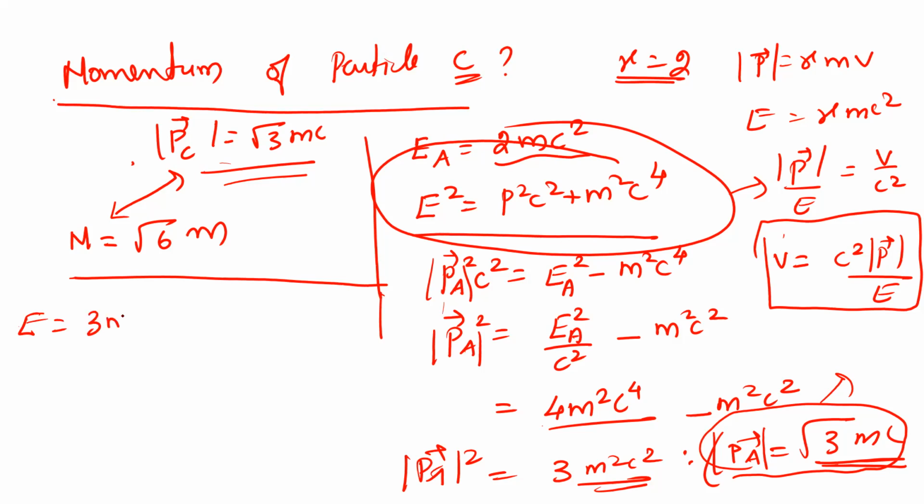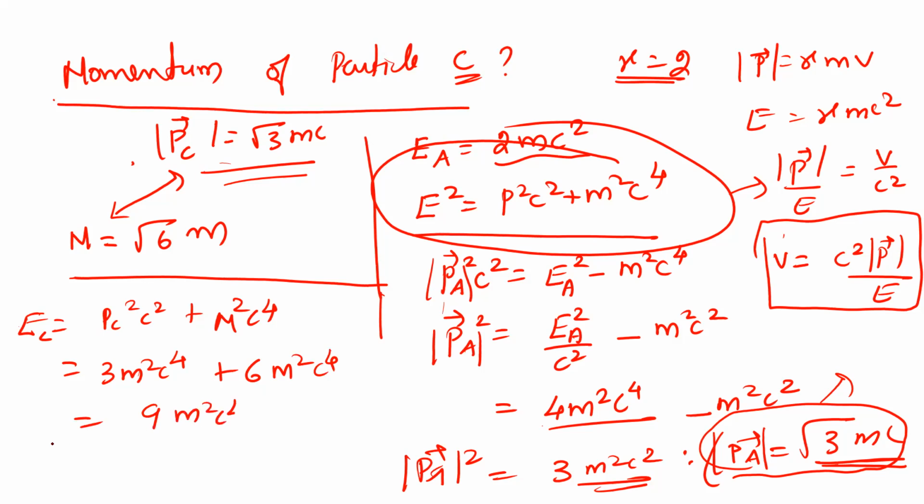That would be 3m²c² times c², so c⁴, plus the mass, which is root 6 m, so 6m²c⁴. 3 plus 6 is 9, so 9m²c⁴, or the energy is simply 3mc².